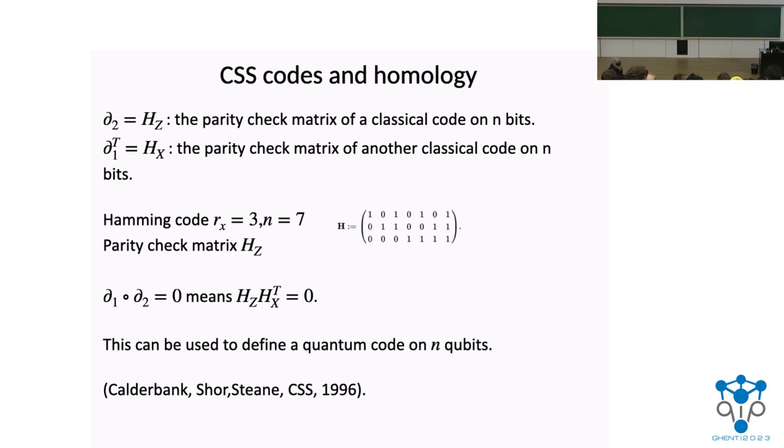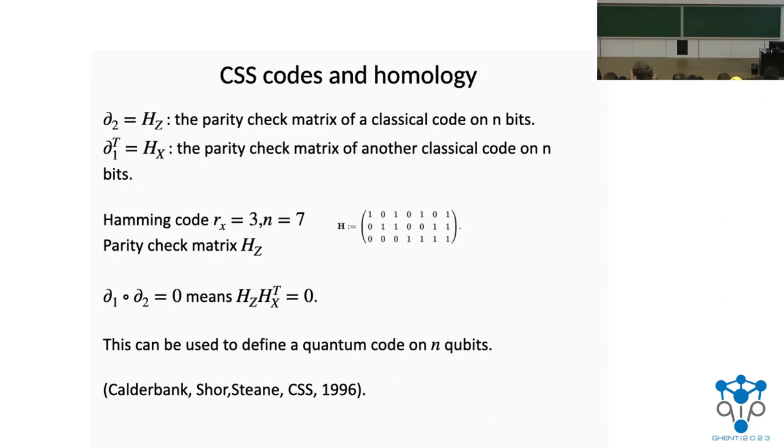Del2, so for example, here we have the example of the Hamming code for which you can do this. So Rx is 3 and n is 7, and we have a parity check matrix. If I apply this to code words, classically the parity check is when you do these parity checks on these 7 qubits.